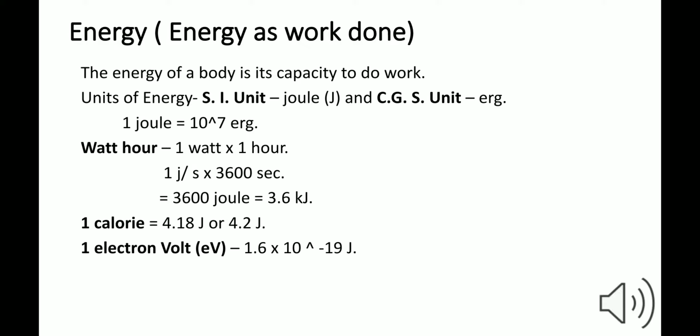And what is that? 1 joule per second into 3600 seconds. That comes to 3600 joules, which is 3.6 kilojoules. Okay?